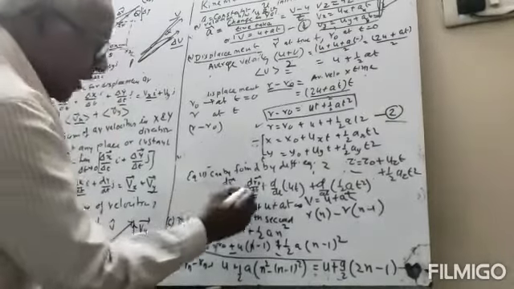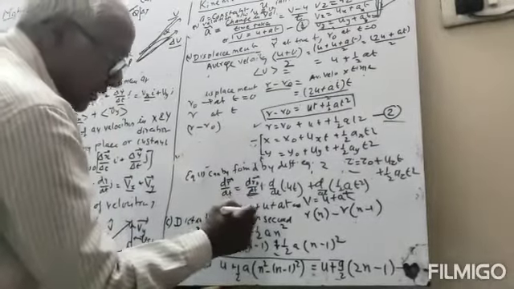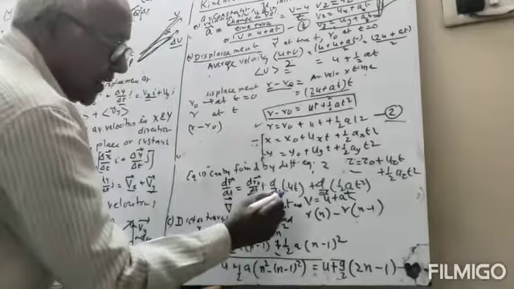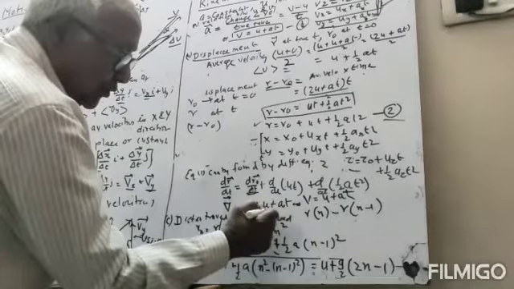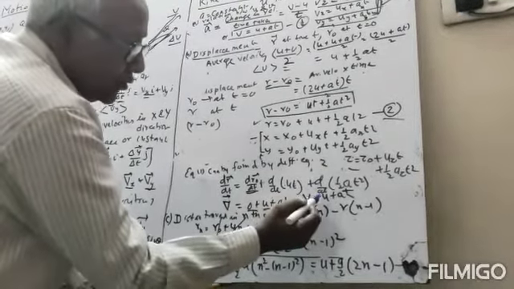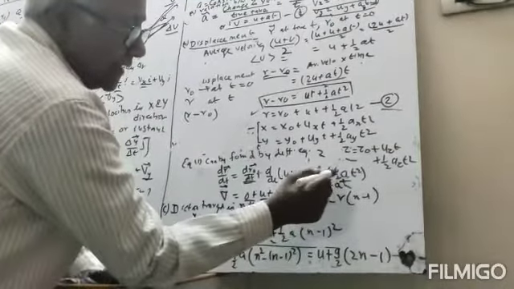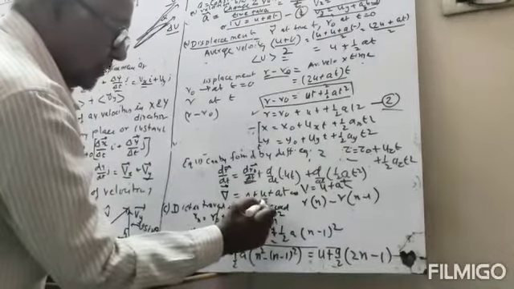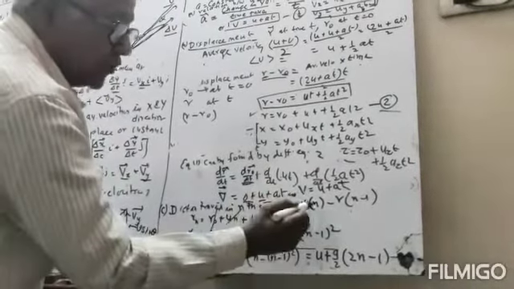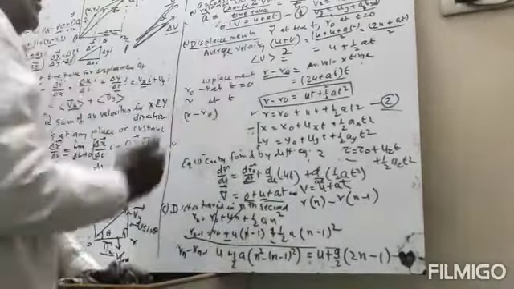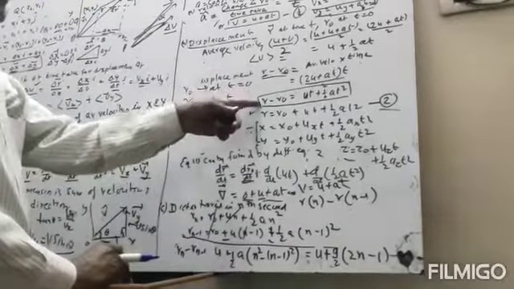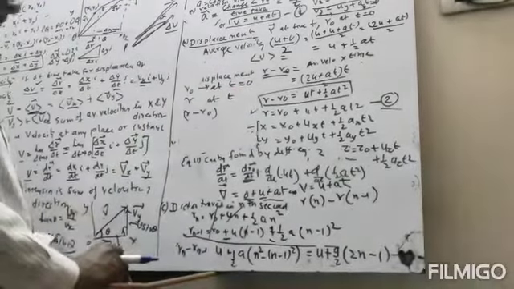Here r0 is constant, so its derivative will be equal to 0. The derivative of ut is u, and for 1 by 2 a t square, the 2t cancels with the 2. So v is equal to u plus at, the same equation. So by differentiating this equation, we get the first relation.